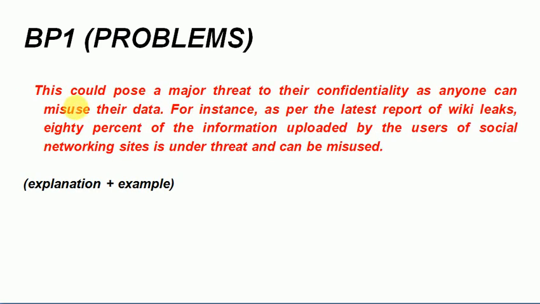Then I have written this, मैंने किसको लिखा, पिछले वाले sentence को refer करा है, this could means that phenomenon कि जिसमें लोग अपनी photos और videos upload करते हैं. So this could pose a major threat to their confidentiality. Confidentiality means उनकी confidential data को, that could pose a major threat, खतरा. As anyone can misuse their data. जो लोग उनको access कर पाए, they can misuse their data.